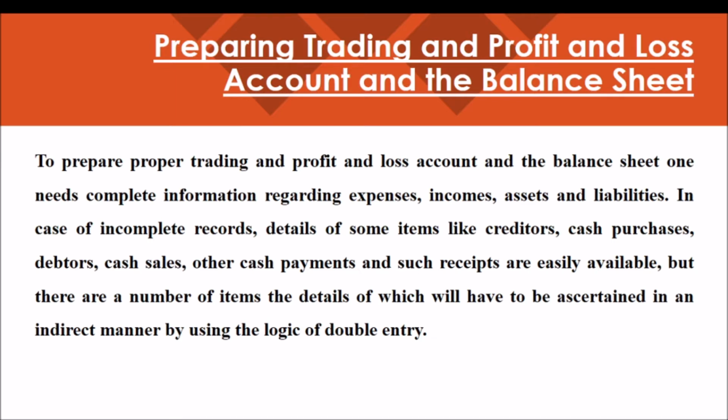To prepare the complete financial statement, we have to prepare some personal accounts, total creditors account, total debtors account, and also a summary of cash book, to find out the profit and loss as well as the financial position statement.